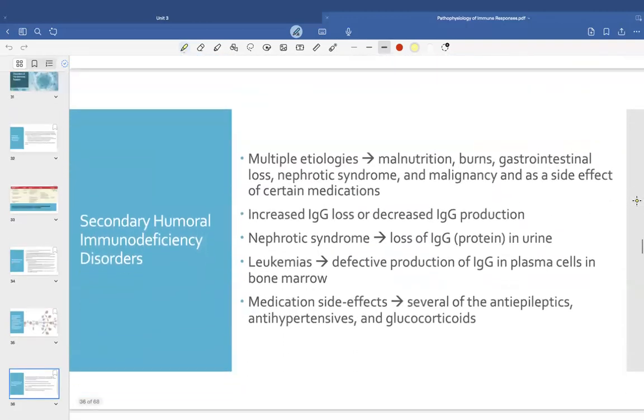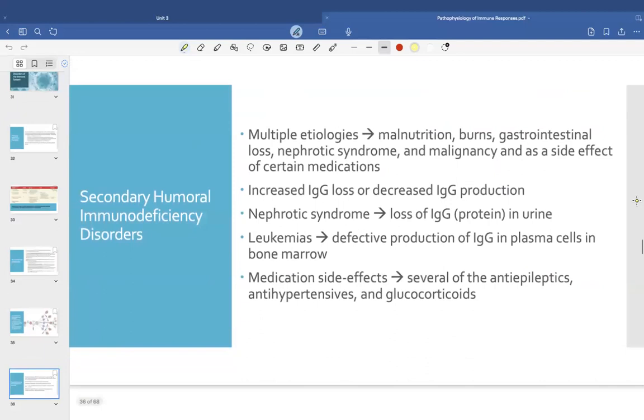Okay, we talked about secondary humoral immunodeficiency. So we talked about the liver, that makes sense. But think about things, and we talked about nutrition. Think about burns. With burns, you lose a lot of albumin.